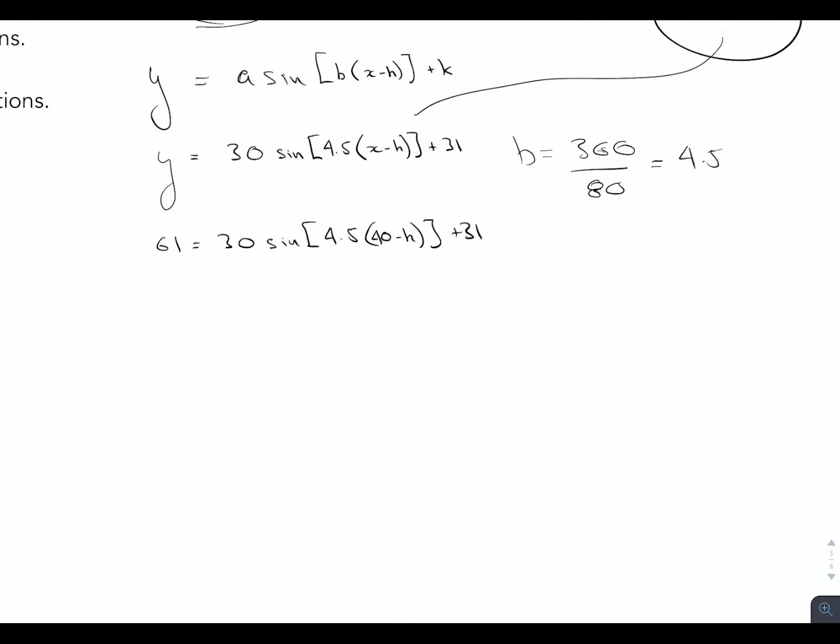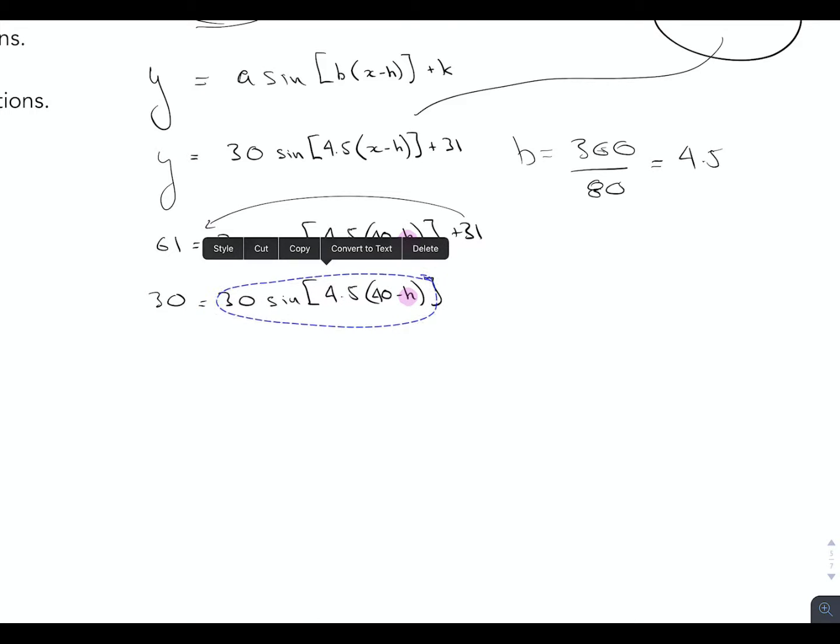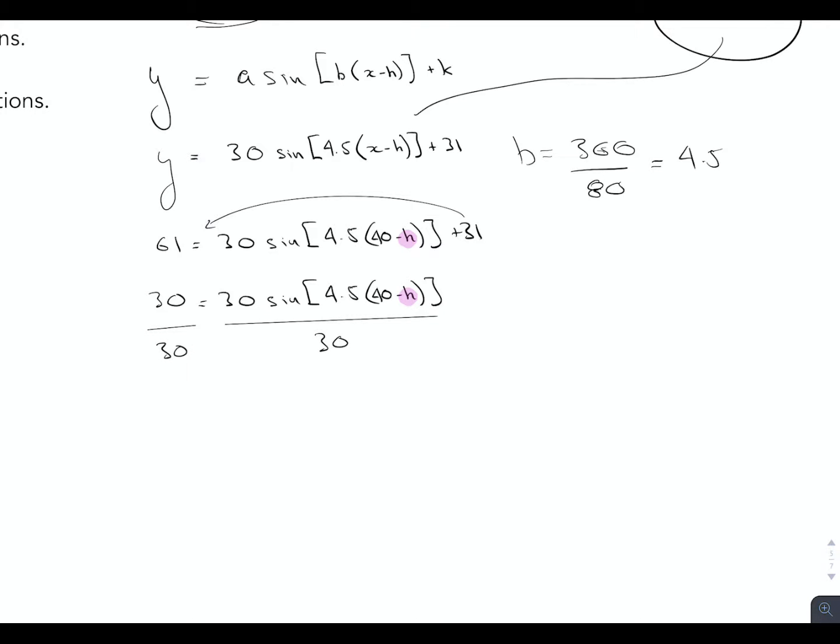And I'm just going to work backwards, kind of extract the h so that I can solve for it. I'll begin by bringing the 31 over, so I get 30 equals all of this stuff. I'm going to divide both sides by 30. This cancels. This becomes a nice, neat 1.